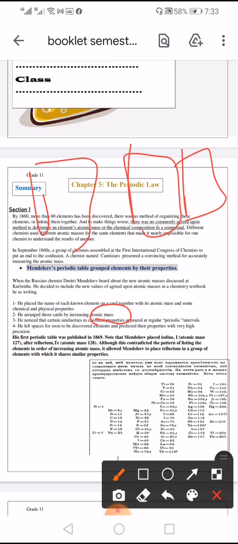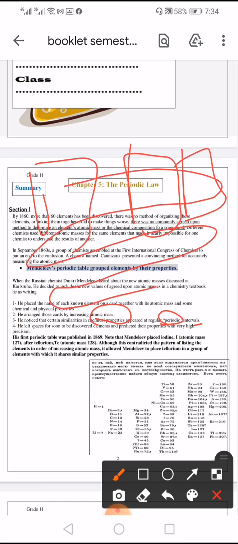He noted that certain similarities in properties appeared at regular, periodic intervals. He left places for soon to be discovered elements and predicted their properties with very high precision.